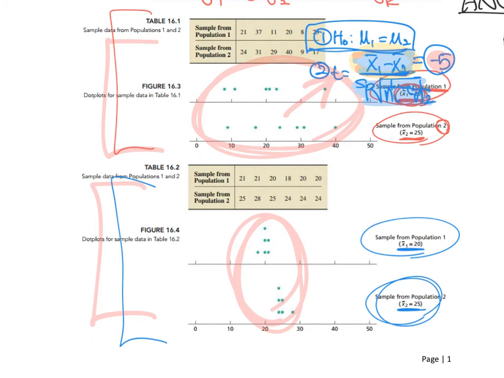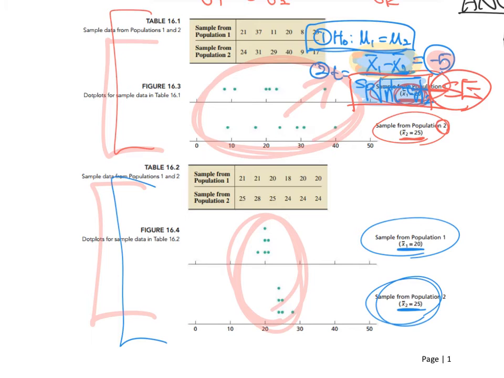What was the name of the denominator? Standard error. We took not only the sample mean difference, but also divided by the standard error.